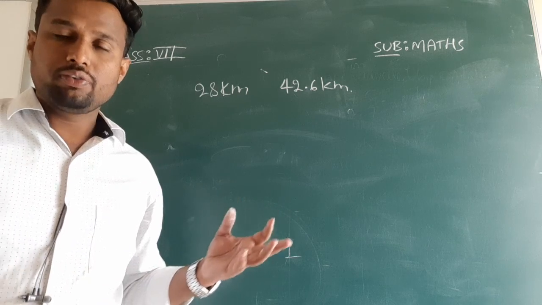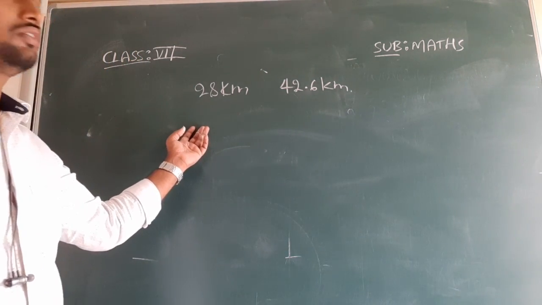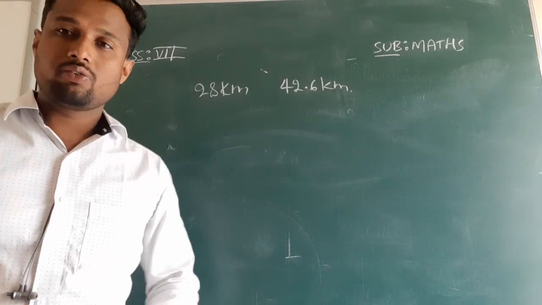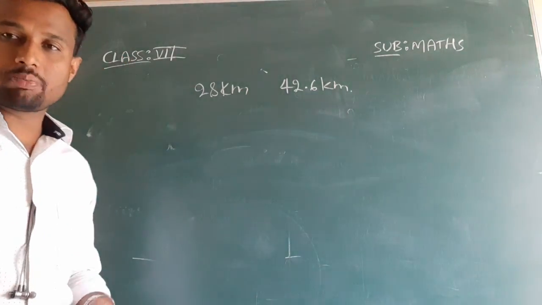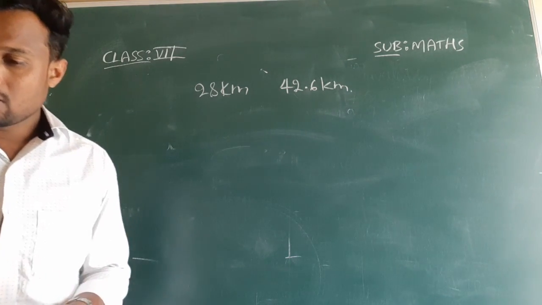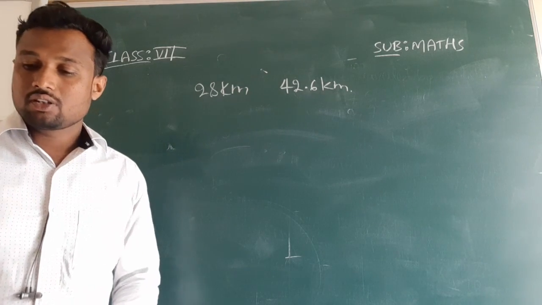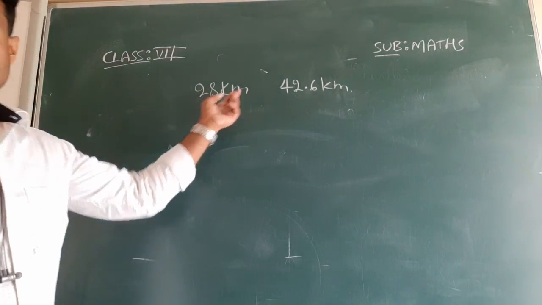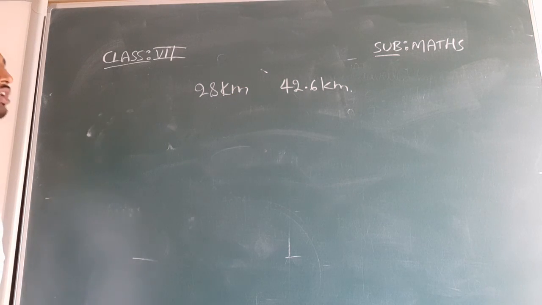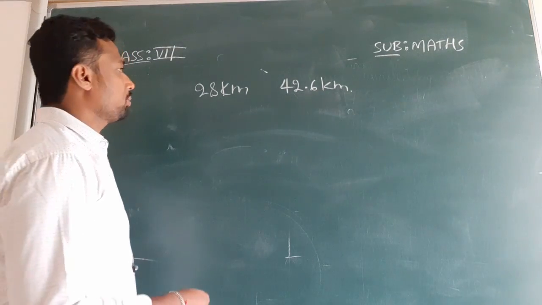If you want to calculate difference, then always you have to subtract numbers. If you want to calculate sum, then you have to add those two numbers. So here they are asking how much less means that is nothing but difference. How much less is 28 kilometer than 42.6 kilometers. So now we want to find out difference between these two values. So we want to subtract here.